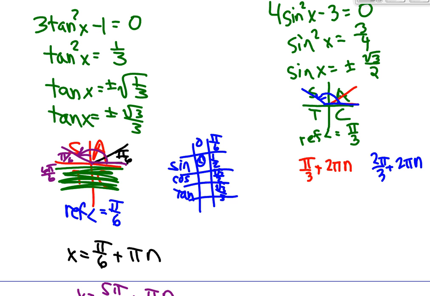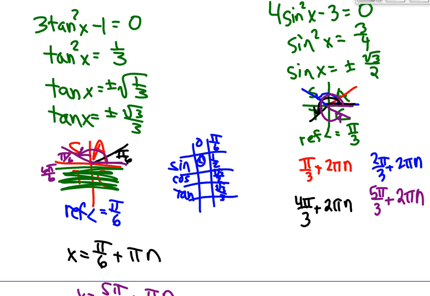And then this version, which is 4 pi over 3 plus 2 pi n. And then this last one, which is right here, this angle, but going all the way around, which is how many pi over 3? 5 pi over 3 plus 2 pi n.